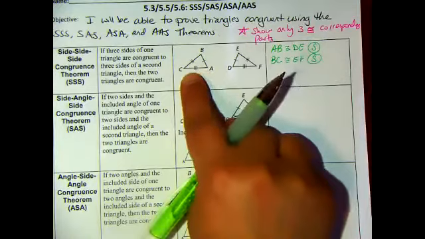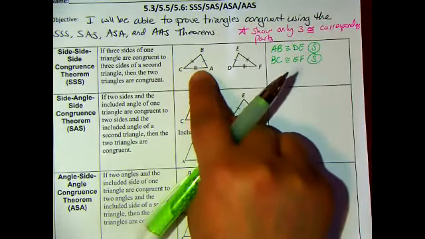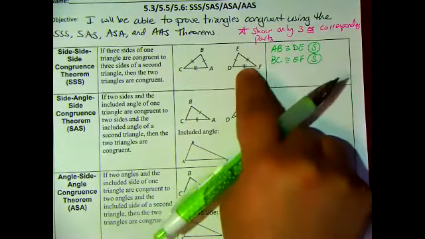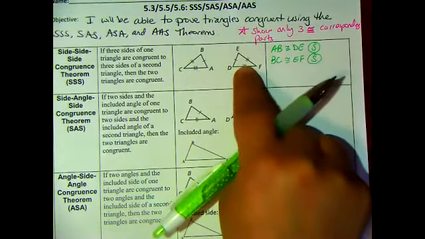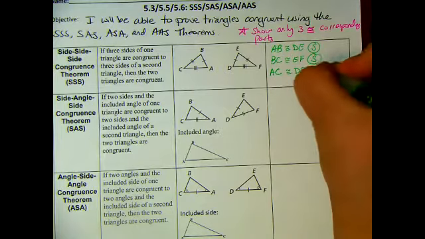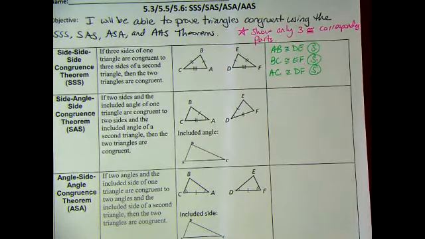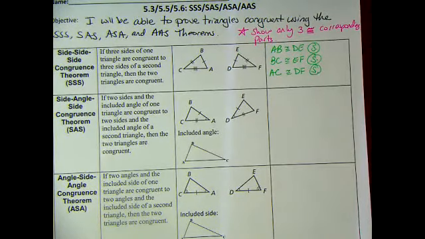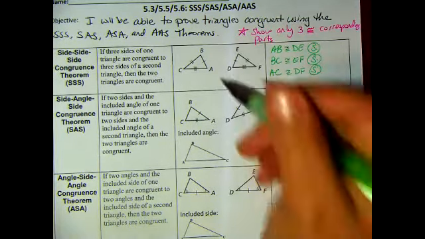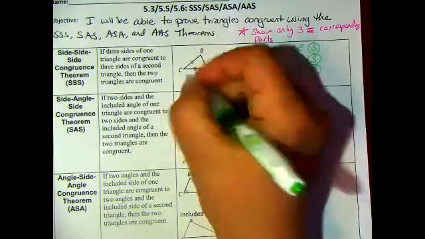And third, I have AC that has the three tick marks and DF that has the three tick marks. So side AC is congruent to side DF. That's my third pair of sides. So I have side, side, side. So how do we finish this? What's my final statement? Once I've shown the three parts that I need to show, we write a congruent statement.